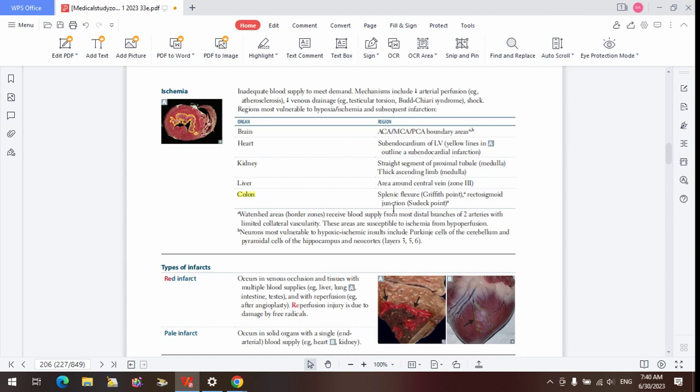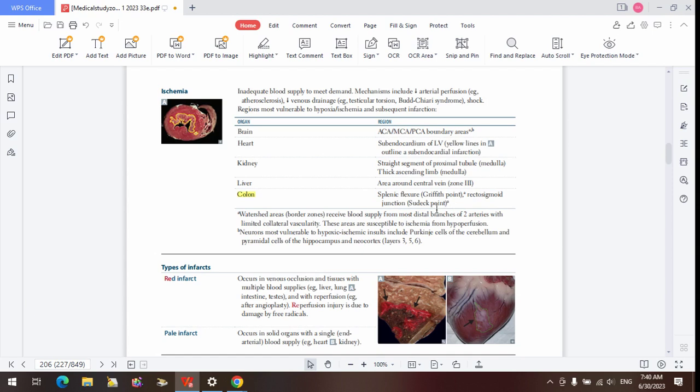Where it's bending very close to the spleen, that is the splenic flexure. That is one watershed point. The other watershed point is at the rectosigmoid junction, the junction between the sigmoid and the rectum, where the sigmoid continues as the rectum. So don't forget the splenic flexure and the rectosigmoid junction.